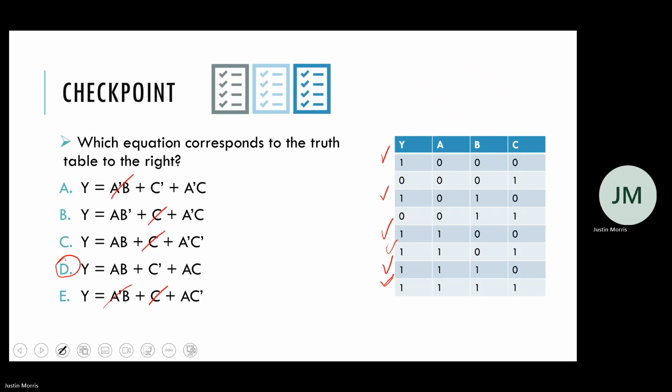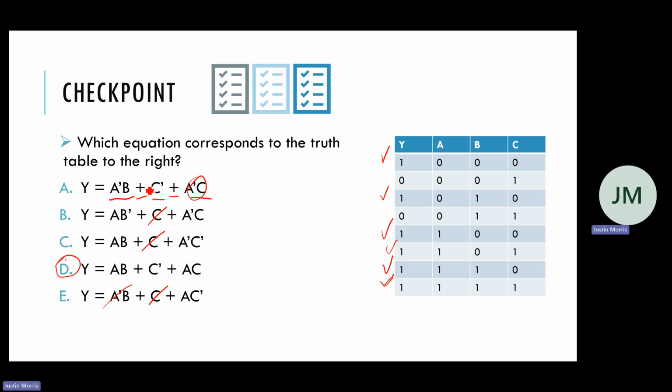Your longest path to the output is between two logic gates. What this means is that you're going to be either product of sums or sum of products. What we worked with before in this example is a sum of products. So we have two levels.